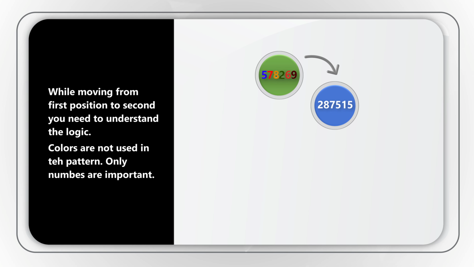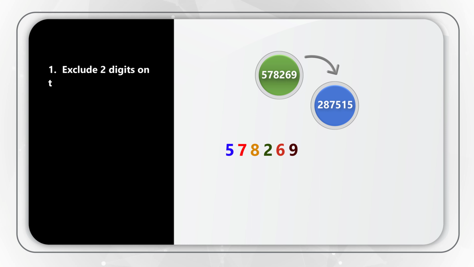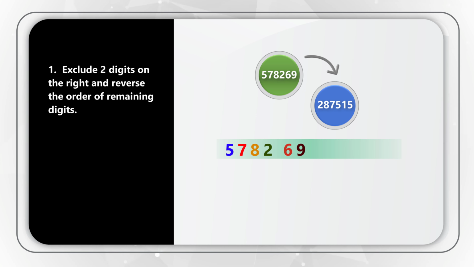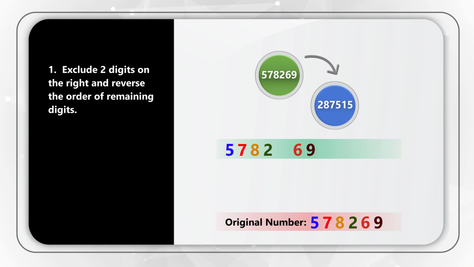And to complete the transformational pattern, we need to do it in 3 steps. Step 1. We need to exclude 2 digits on the right and reverse the order of the remaining digits. For example, the original number is 5782 and then 2 digits 69. We separate 69 and then reverse the order and the number becomes 2875, and then we do the remaining calculations with the numbers 6 and 9.